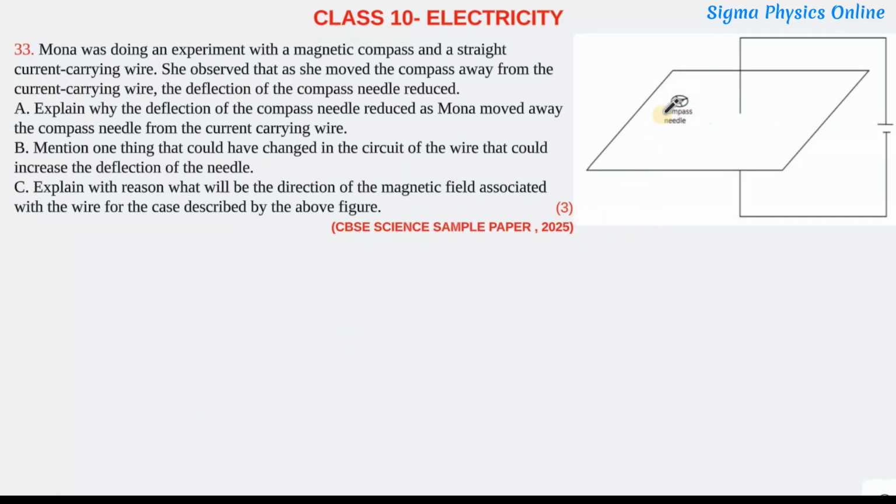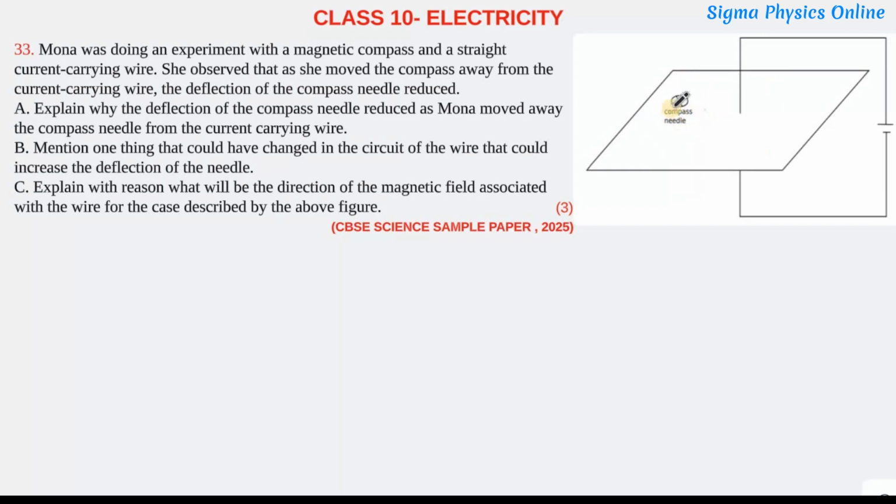Now the deflection of this compass needle which is observed is due to the magnetic field generated by this current carrying wire. The magnetic field strength decreases with the distance from the wire, which reduces the deflection of the compass needle. That is, when this compass needle was placed nearer, the deflection was greater. But when the compass needle was moved away from this current carrying wire, the deflection reduced.